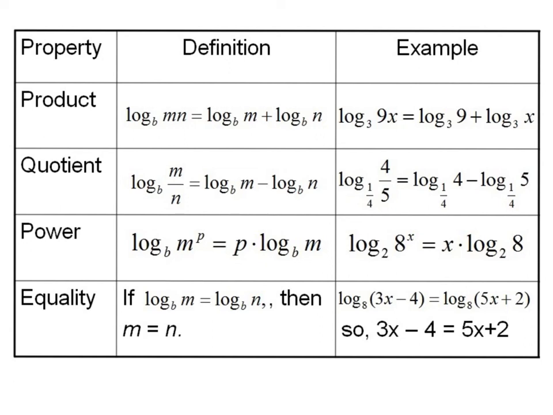The power rule is if I have this result to a power, I can bring the power to the front. So it would become whatever the power is times that log base b of m. And then the final one here is of equality. If I have log base b of m equals log base b of n, then because I'm applying the same logarithm with the same base to them, m is going to be equal to n.